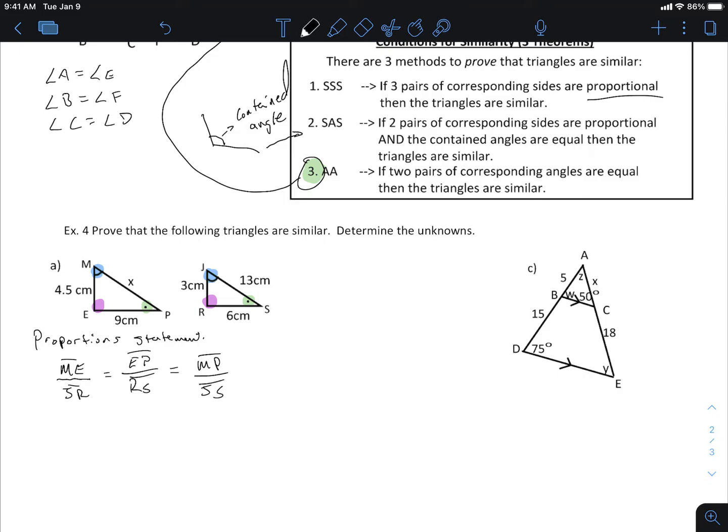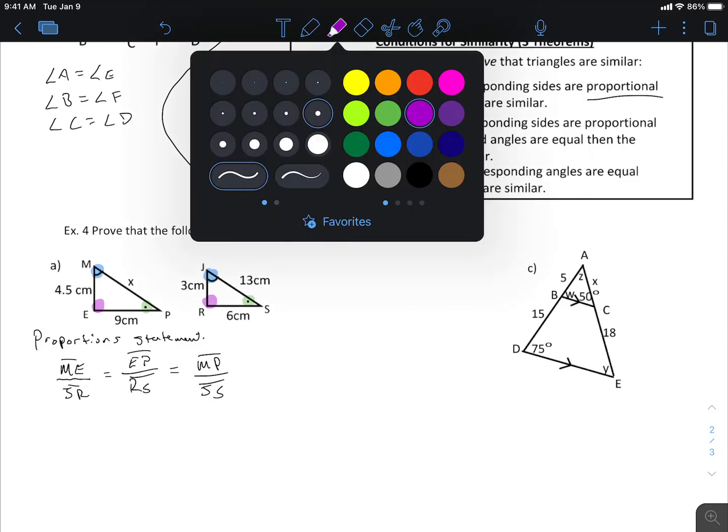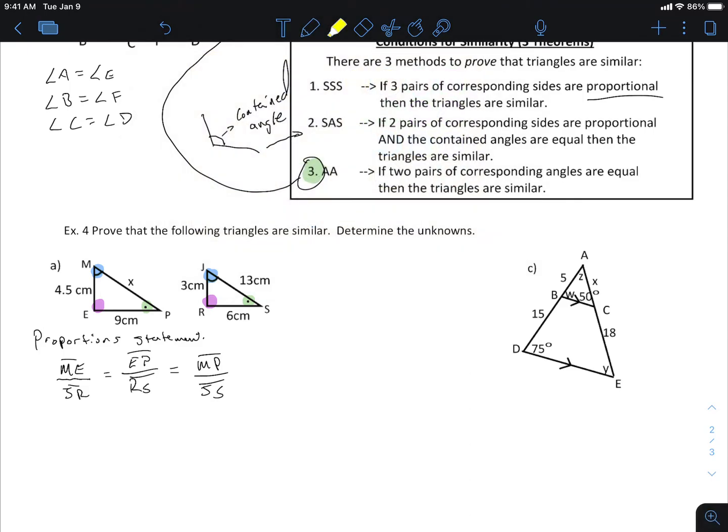All I've done is look for which side lengths are similar and write them over top of one another. For instance, ME is this side length right here, and that should be proportional in some way to side length JR, which I wrote here.